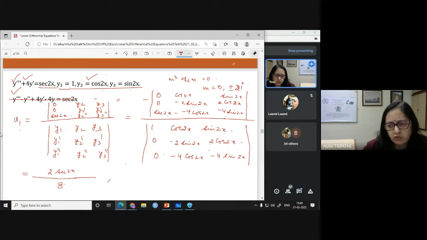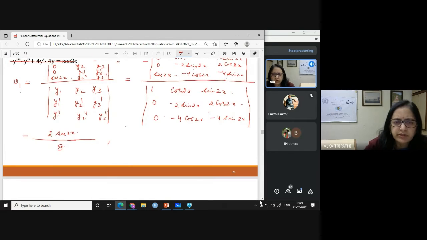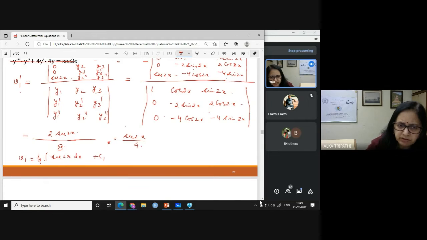Similarly, you can write it as sec 2x divided by 4. This is my v1 dash. So what will be v1? Can anyone tell me? v1 will be equal to the integral of 1 by 4 sec 2x dx plus c1.